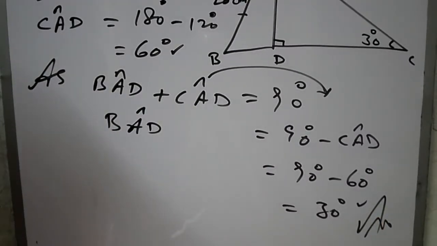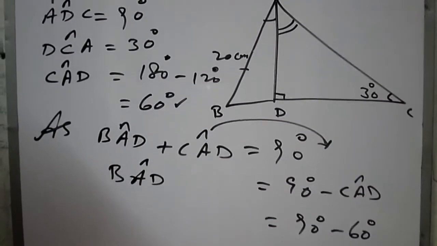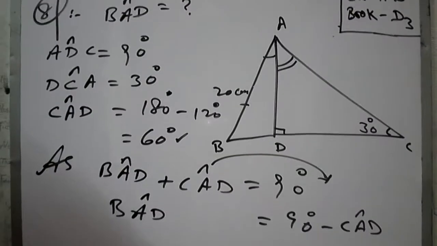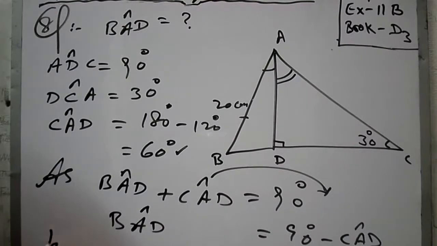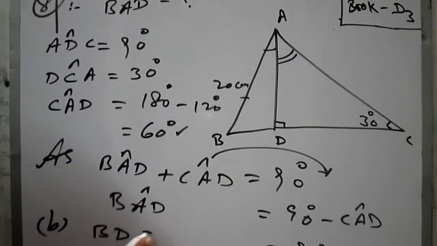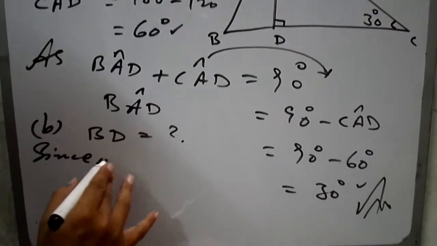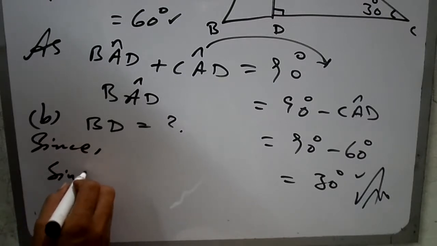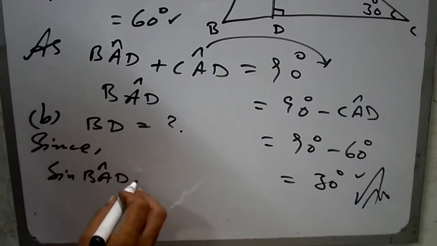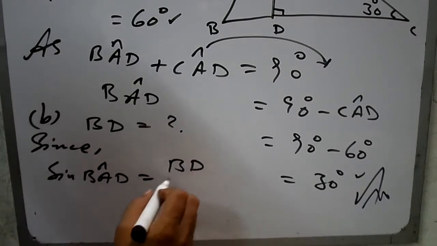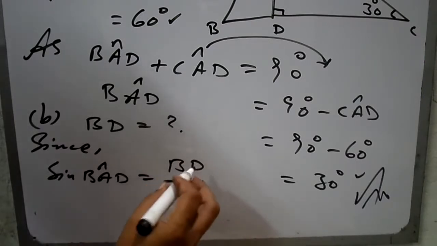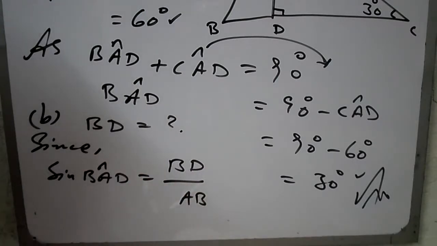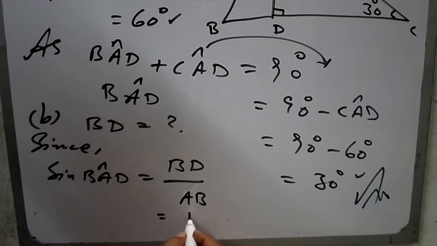Now in B portion we have been asked to find BD. Okay, how to find BD? Since sine of angle BAD is equal to BD by AB, that is perpendicular by hypotenuse. So putting the values, the value of BD we have to calculate.